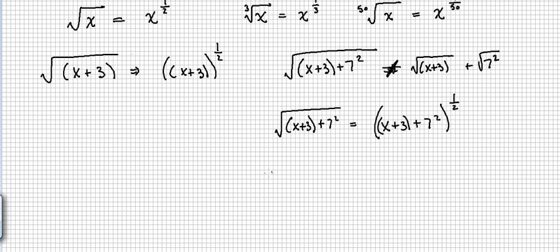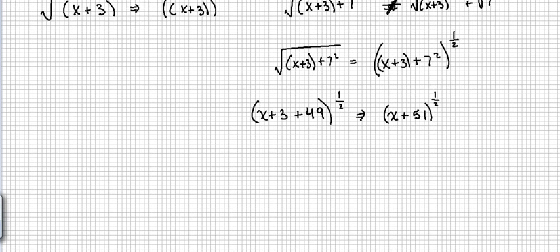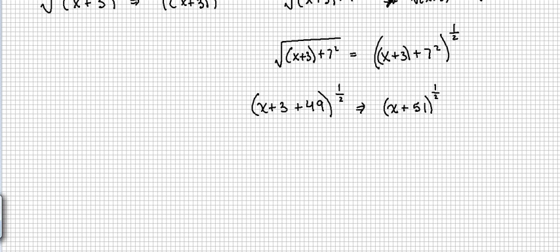Well, we would just say x plus 3 plus 7 squared is 49, and this is raised to the 1/2 power, which would be equal to x plus 51 raised to the 1/2 power.